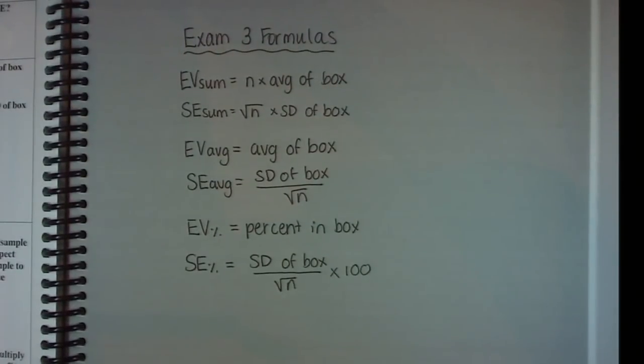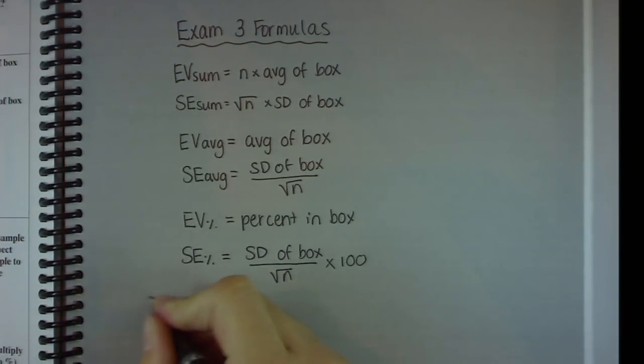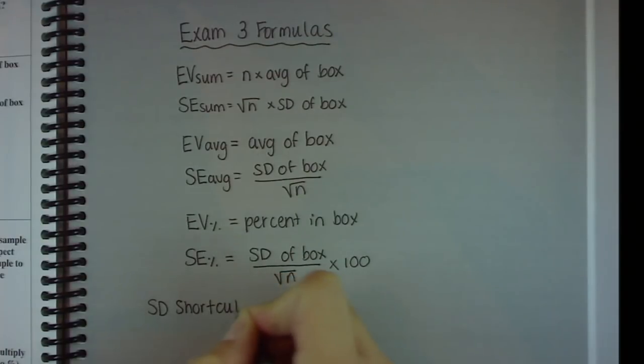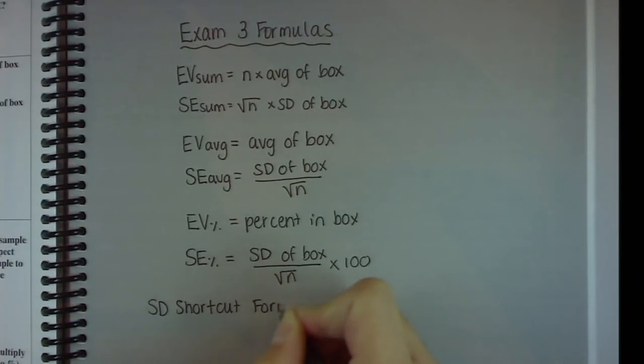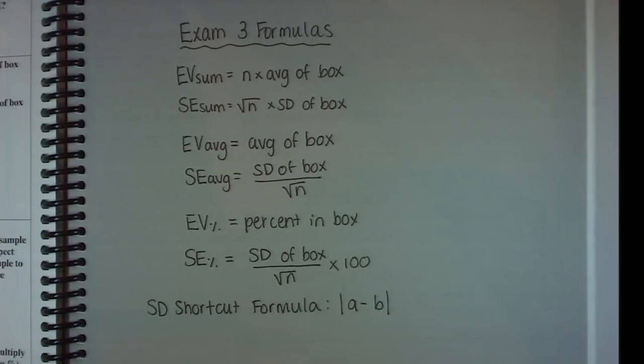So those are the 6. Yeah, there's 6 of them that we learned. And then there was one more that we talked about during the last class. And I said, if your box has 2 types of tickets, we can use this SD shortcut formula. Which is just basically taking the absolute value of the numbers on the ticket.